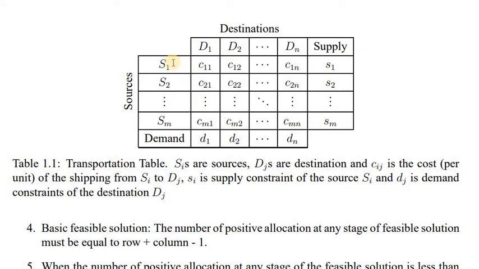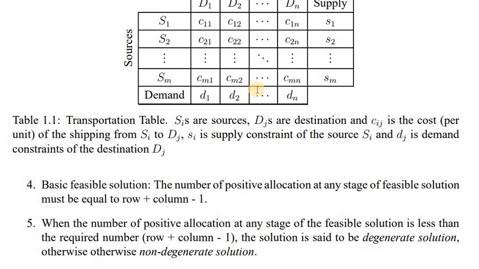This is the formulation of a transportation problem, where S1, S2, etc., Sm are the sources, D1, D2, etc., Dn are the destinations, and Cij, such as C11, C12, are the costs from S1 to D1, S1 to D2, etc. Generally speaking, Cij means the cost of transportation per unit from source i to destination j.